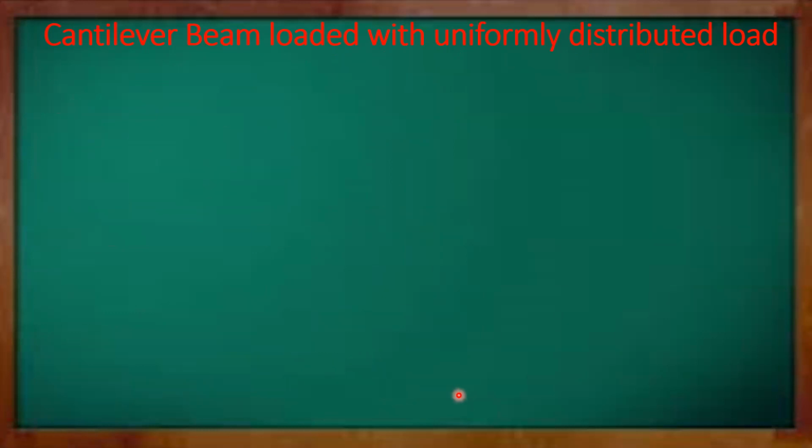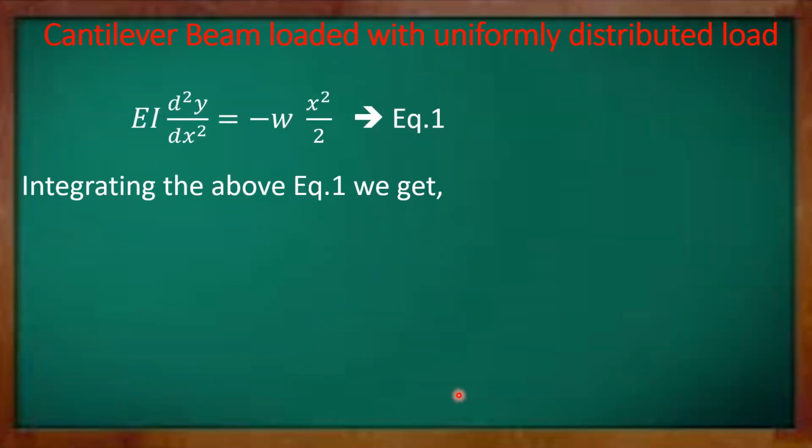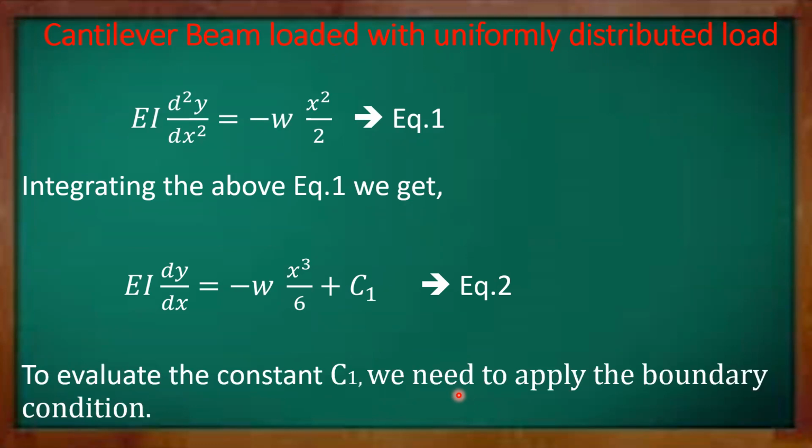Once we get that, we will just integrate it once. So we get EI dy by dx is equal to minus w x cube over 6 plus C1, which is equation number 2. And C1 is the integration constant.